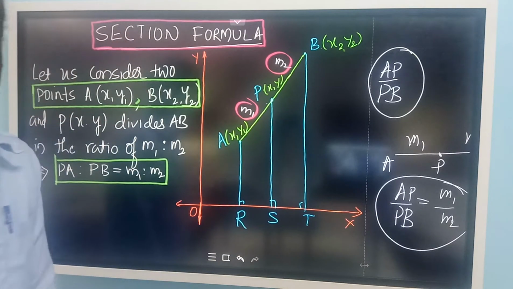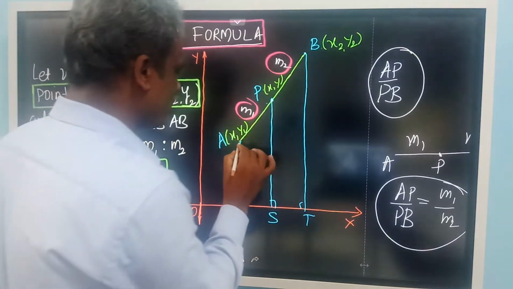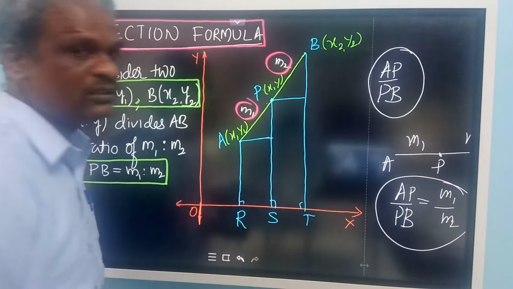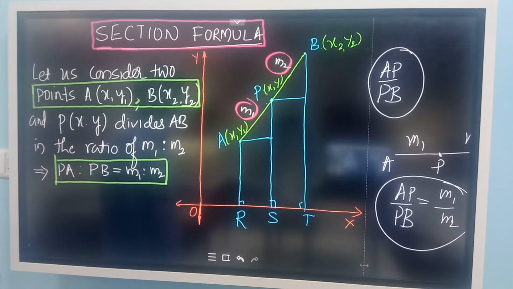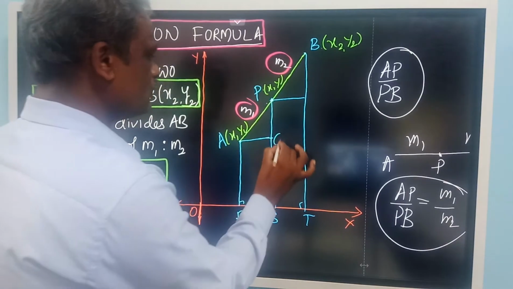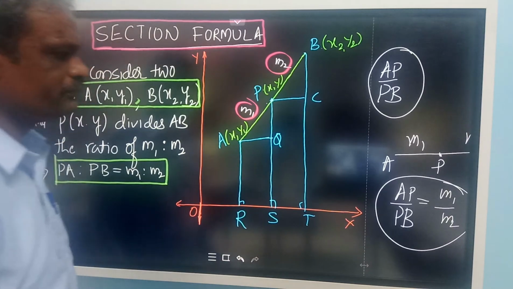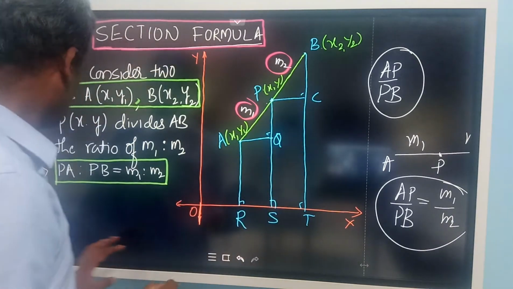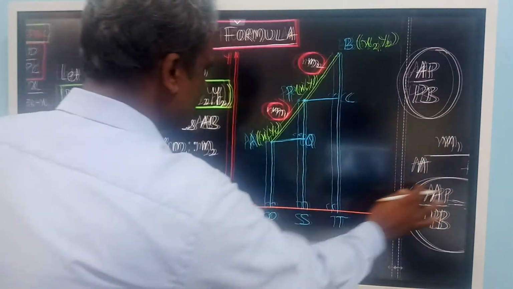Then let us draw the parallel lines to the x-axis from A and from B. We have drawn two parallel lines to the x-axis. So you can take this as Q and this one as C. This is the construction we have done here.